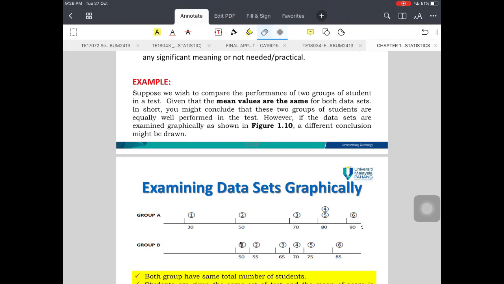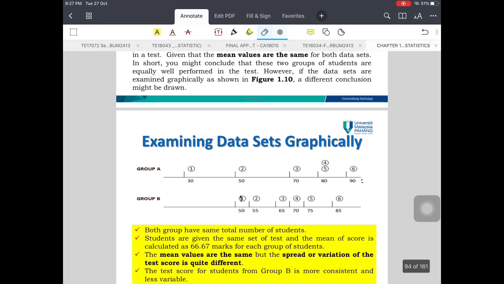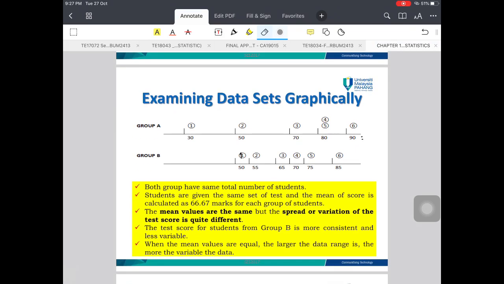In short, you might conclude that these two groups of students performed equally well in the test because we got the same values. However, if the data set is examined graphically as shown in this figure below, a different conclusion might be drawn. So when you look at this kind of figure, you can see the distribution of marks from group A and group B.